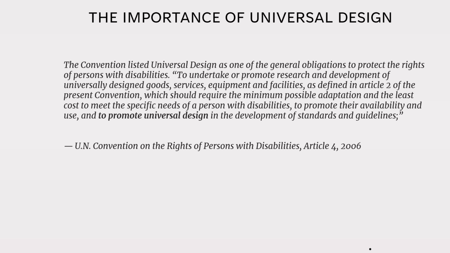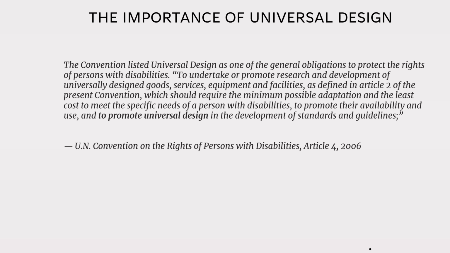It calls for the removal of environmental and attitudinal barriers in physical and digital spaces. The United Nations adopted the CRPD in 2007. As of July 2015, as many as 157 countries have ratified the convention and 159 countries had signed it.